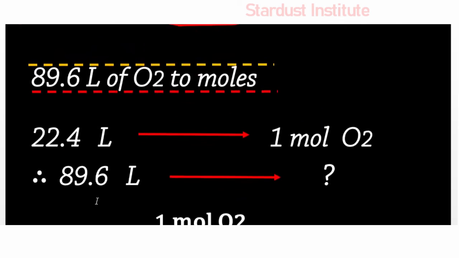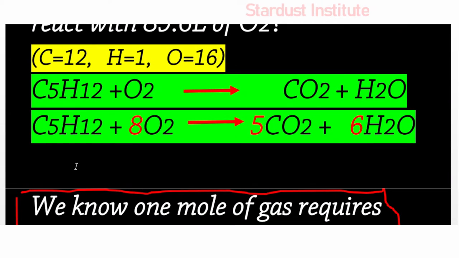Now see the ratio. To react with 1 mole of pentane, 8 moles of oxygen are required. In the same way, to react with 8 moles of oxygen, 1 mole of pentane is required.